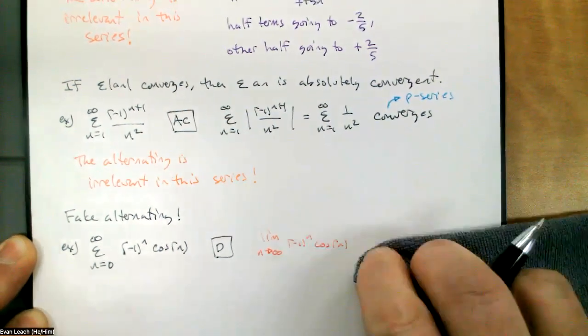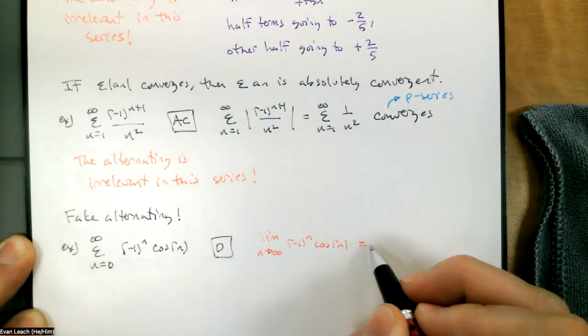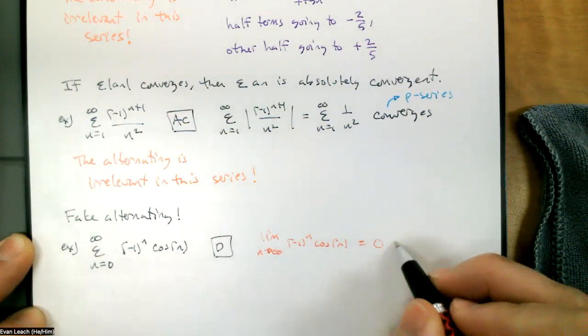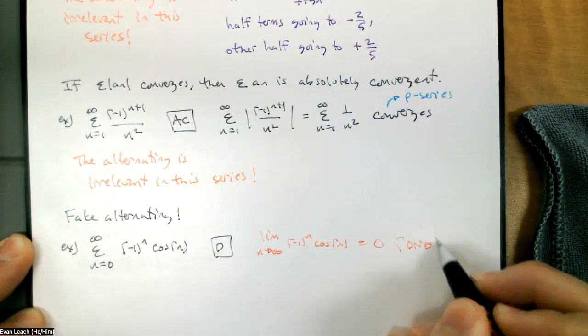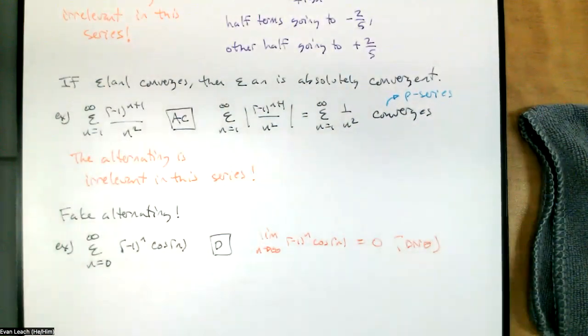Well, specifically, it is not 0. That limit doesn't exist. The series diverges. We are done here as far as answering the question whether it's convergent or not.